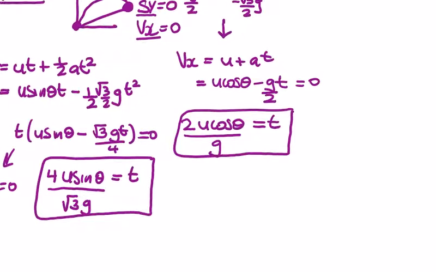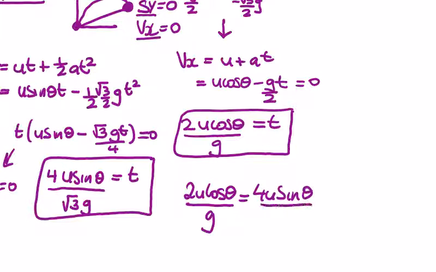So let's equate these and see what happens. 2u cos theta over g is equal to 4u sine theta over root 3 g. You should be seeing tan theta now. Cancel your g's, and sine over cos being tan, so I'm going to multiply by root 3. So 2 root 3 u is equal to 4u sine theta over cos theta.